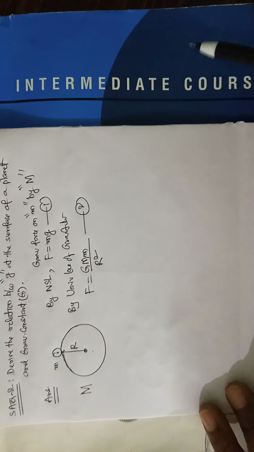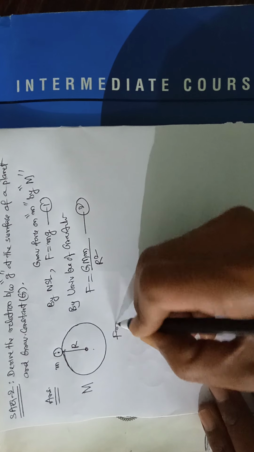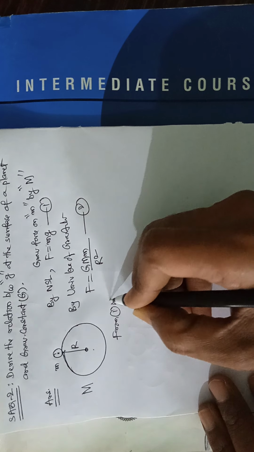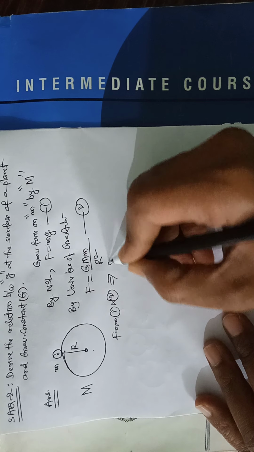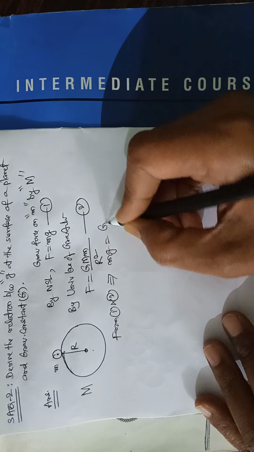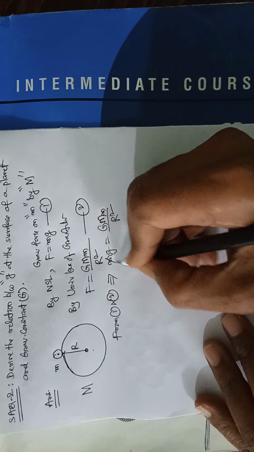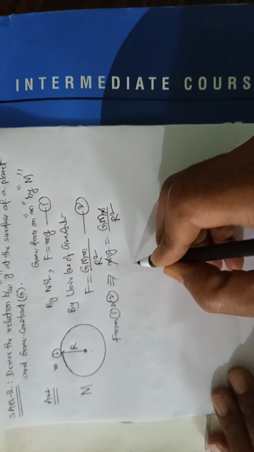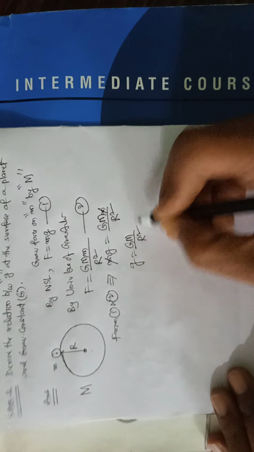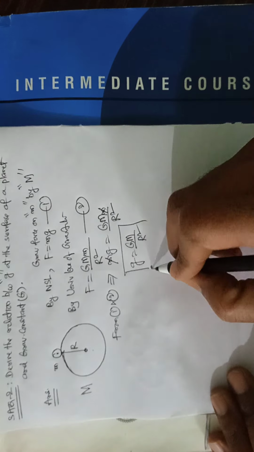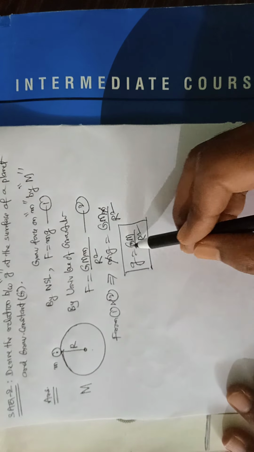LHS are equal, therefore RHS must be equal. So this is the relation between small g and capital G.